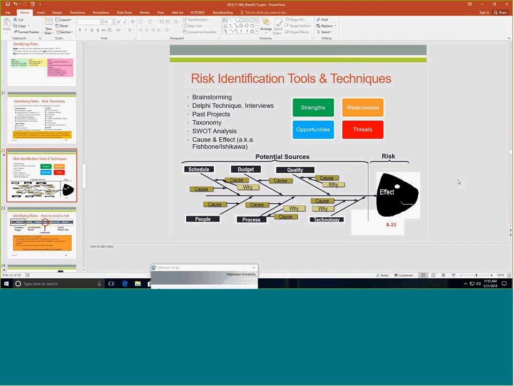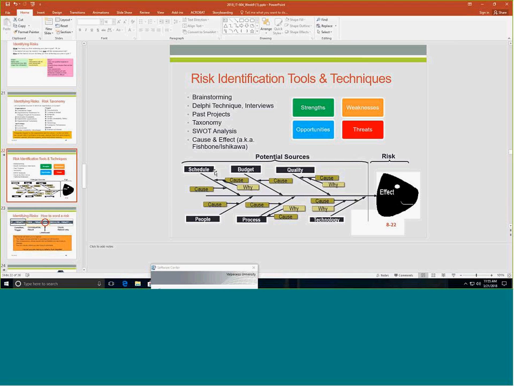As you're seeing here, at the bottom of the slide, there's a fish, right? Here's the head, and here are the bones. The whole idea is that the effect would be a risk, the risk that you're looking at, and you'll want to look at potential sources of why that risk exists.